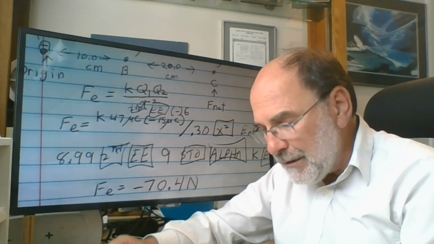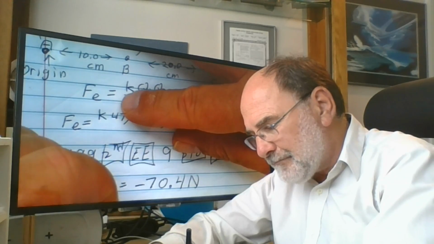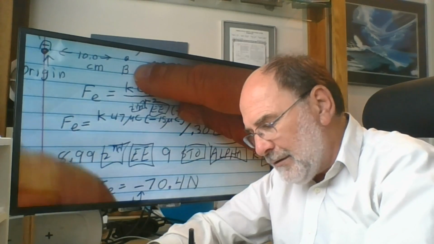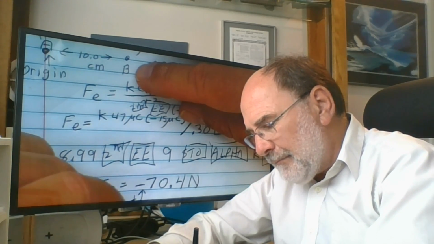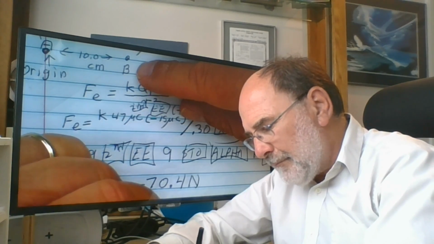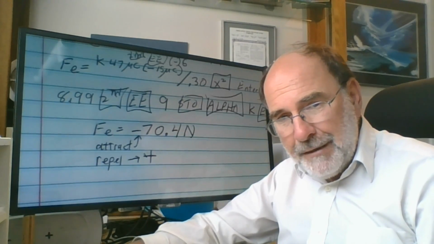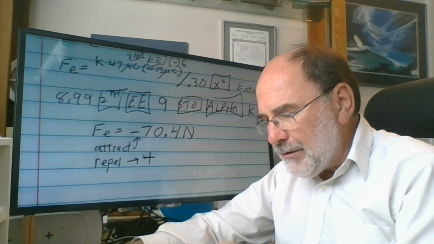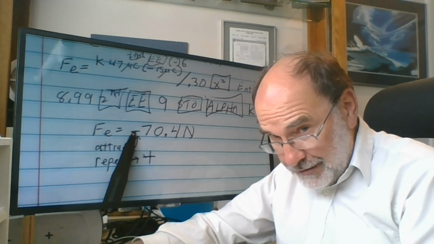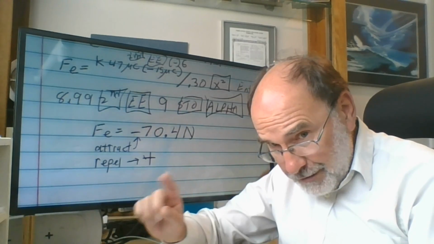So a minus sign means they attract. Of course, that means that if it were a plus sign, it would mean that they repel. If it were a plus sign there, and it's not in this case, that would mean that they're pushing apart from each other. So that's one interpretation.